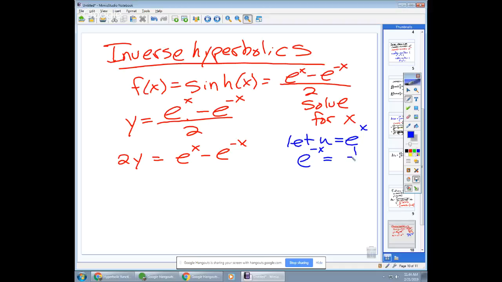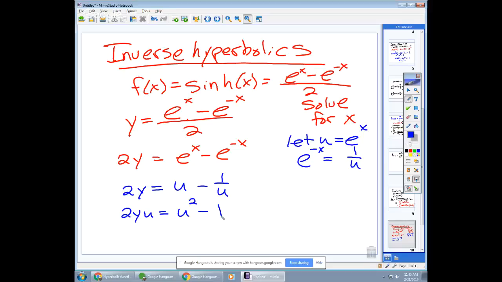So that must be 1 over u. Okay. So with that substitution, I now have 2y equals u minus 1 over u. Now that u in the denominator is a bit of a problem, right? So I'm going to multiply both sides by u. That's going to give me 2yu equals u squared minus 1.